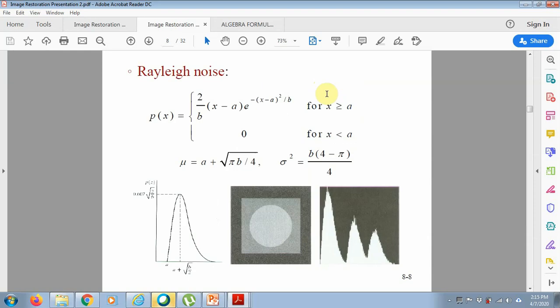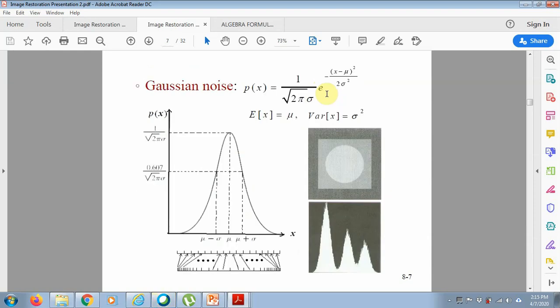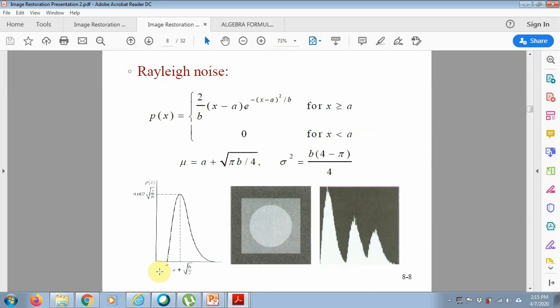And then you have a Rayleigh noise. In a Gaussian noise, there are only sines and cosines with amplitude. In Rayleigh noise, there is no signal at the start: if you start from 0, after a you are starting your Rayleigh noise.